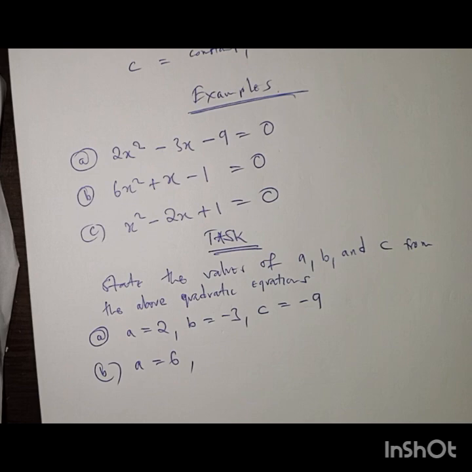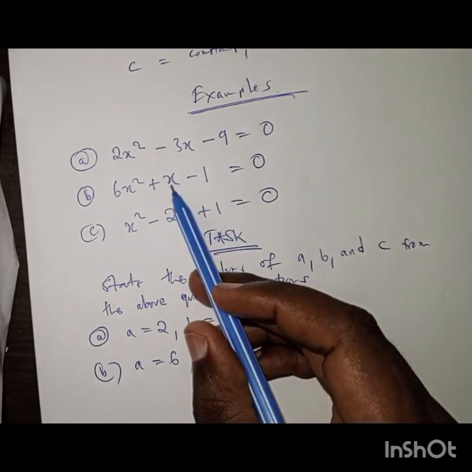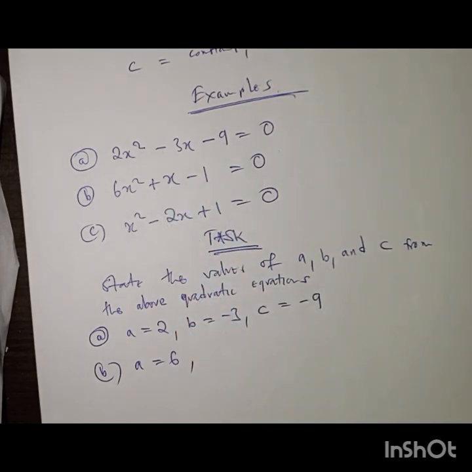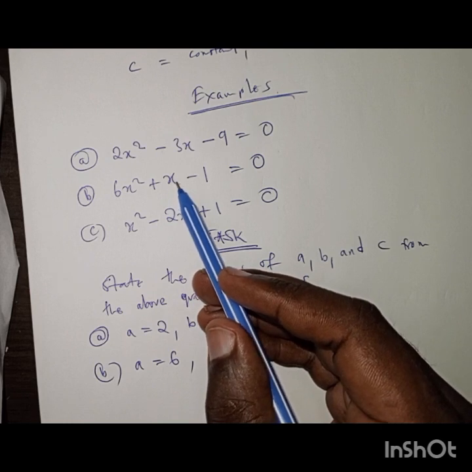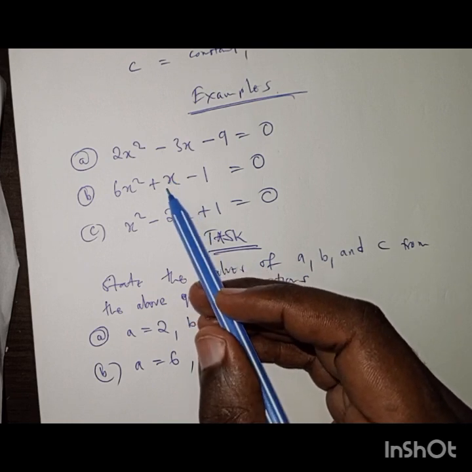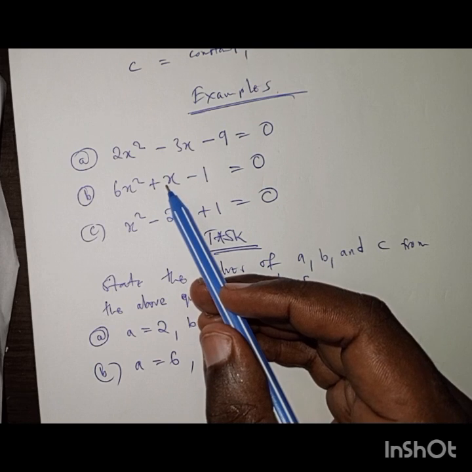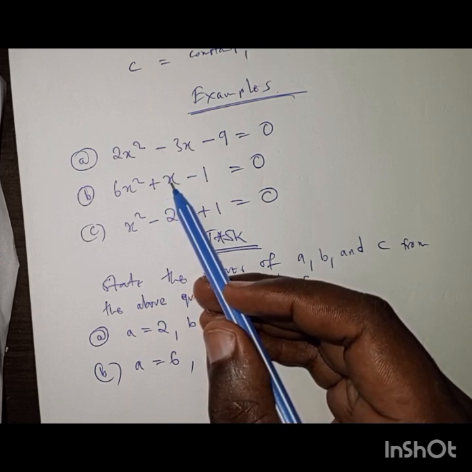Okay, then the coefficient of x in this, we can't see any value here, but just know that for every variable there is an invisible 1 to the front, because the coefficient is just a number to the front of a variable.